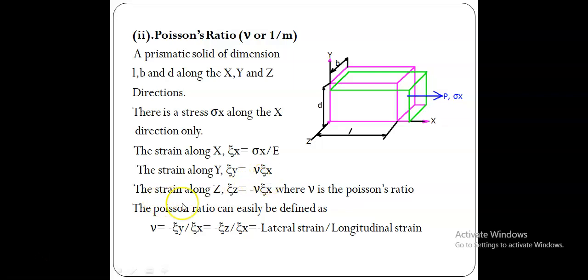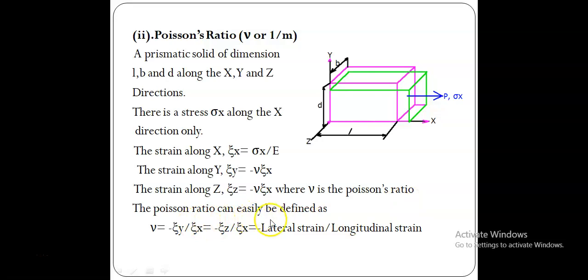The strain along z direction, that is epsilon z, along the breadth: here also the dimension decreases, and therefore there is strain, and epsilon z is also equal to minus nu into epsilon x, where nu is the Poisson ratio.